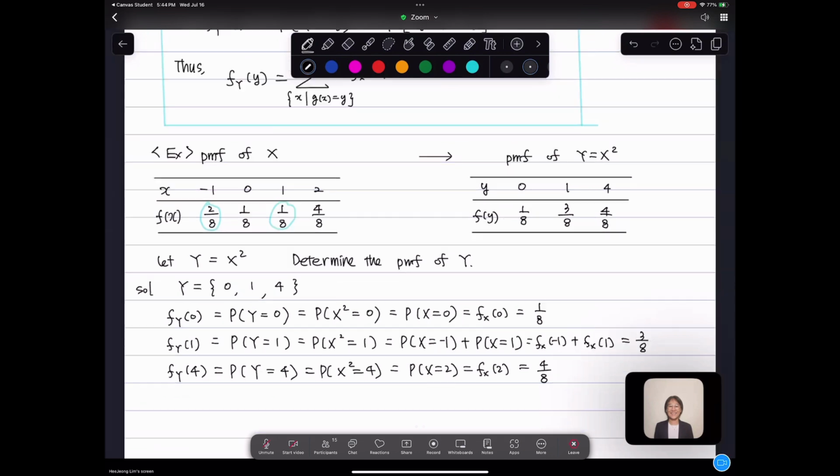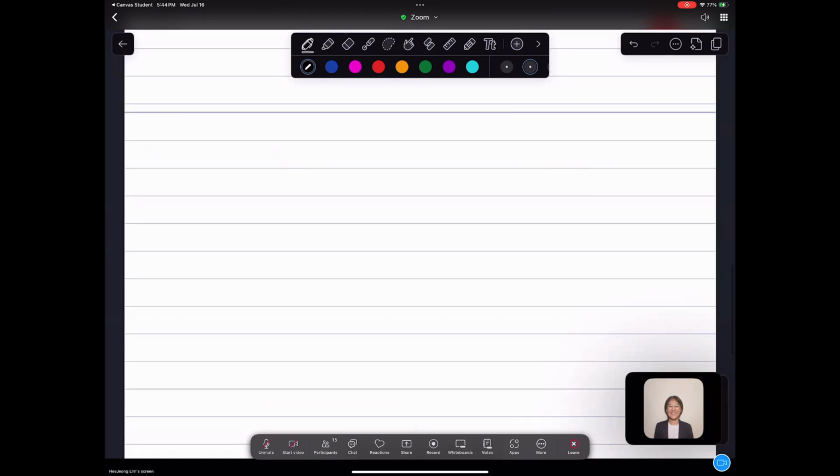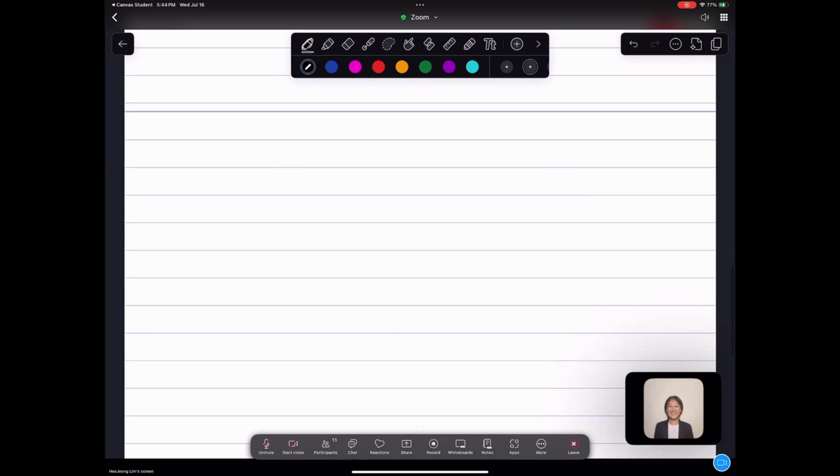So for a discrete case, it's not that bad. I just have to go through the numbers one by one. Should be okay. Now for a continuous case, it's a little different. So we have to go through a little different process. So I want to go through the continuous random variable. That's my second subsection, 3A2.